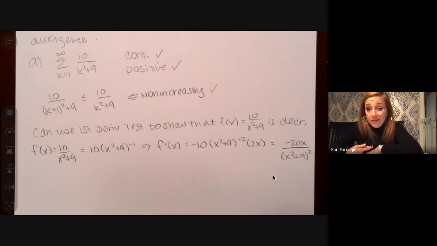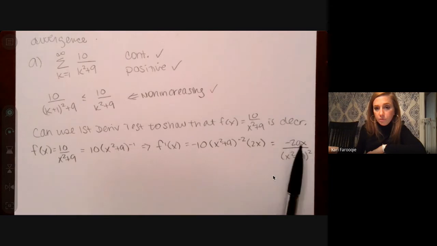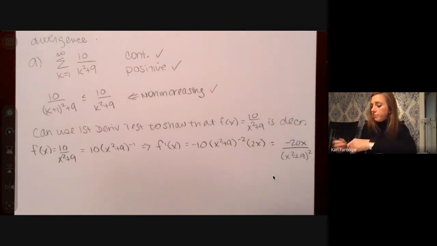And then you would pick a test value. Technically, you could solve and find a critical number at 0. Because remember, if your first derivative is 0, you would have a critical number there. So x equals 0 would give you a critical number. So you know something is happening right there.